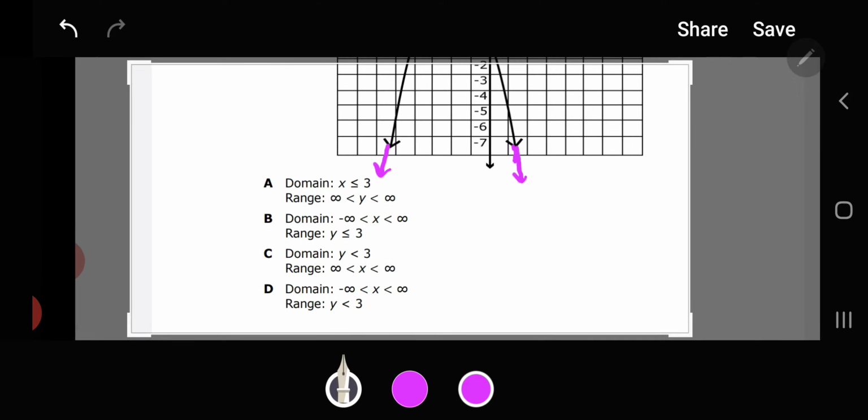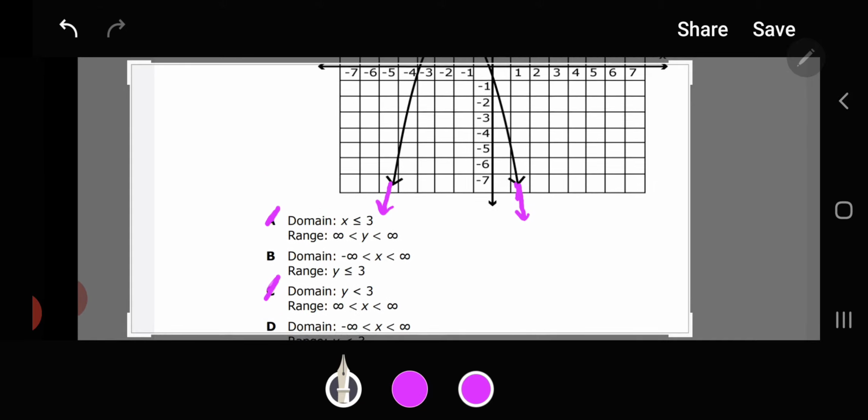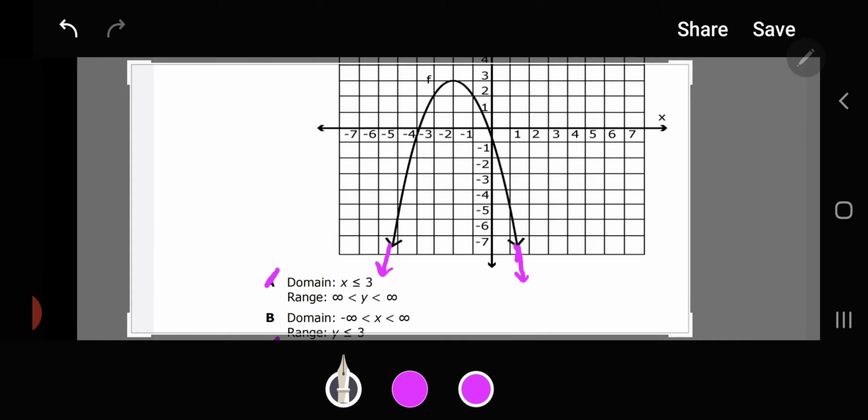So if we're looking at our answer choices, A does not say that, nor does C. But B says that x is greater than -infinity but less than infinity. And D also says the same thing. Alright, but what about our range? Range is up and down.